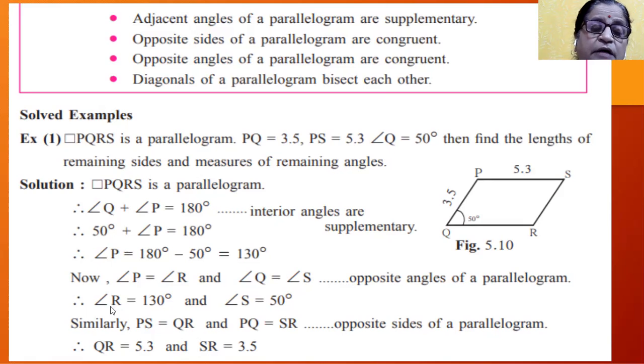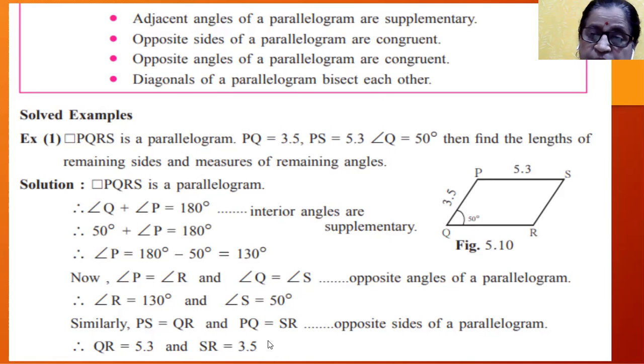Therefore, angle R is 130 degrees and angle S is 50 degrees. Similarly, side PS is congruent to opposite side QR and PQ is congruent to opposite side SR, opposite sides of a parallelogram. Therefore, QR is equal to 5.3 and SR is equal to 3.5.